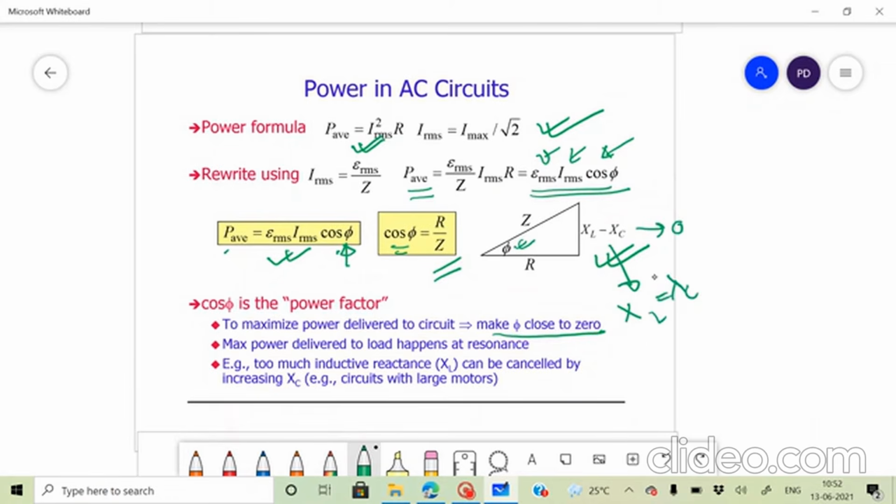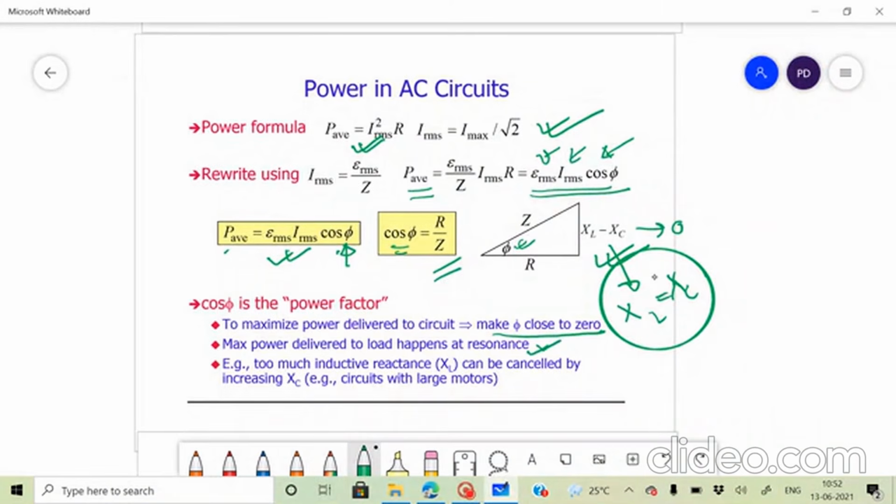That is the condition for resonance. So at resonance, phi must go to 0, and that will happen only when the reactances XL and XC oppose each other. So the maximum power delivered to load happens at the resonance.